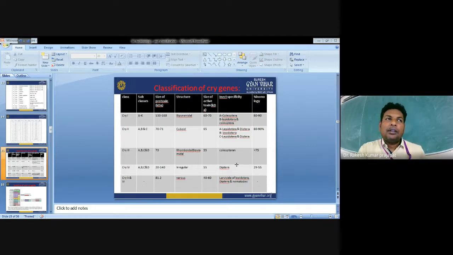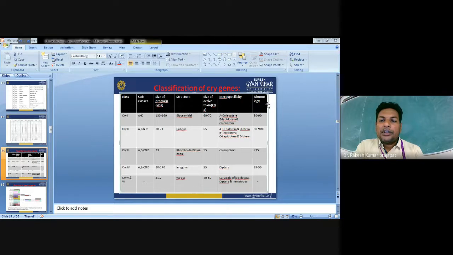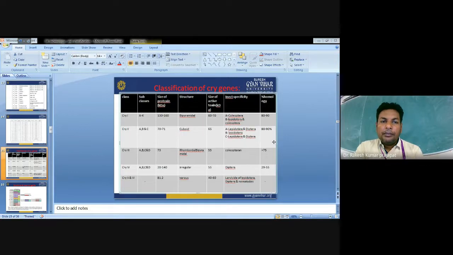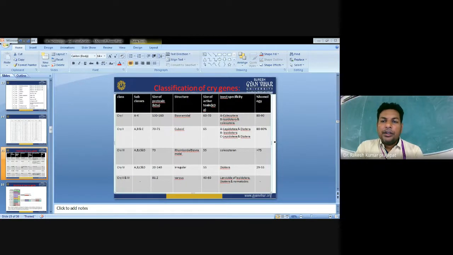So this group of proteins is specific to Coleoptera and Lepidoptera. And if you talk about percent homology, it is 80 to 90%. 80 to 90% homology is matching.